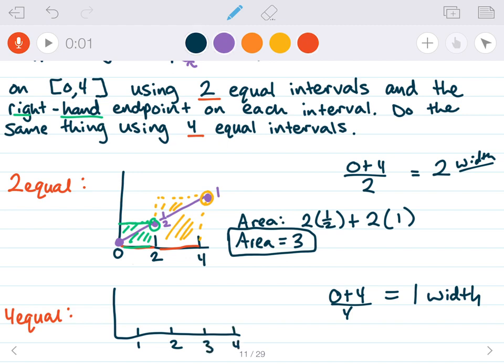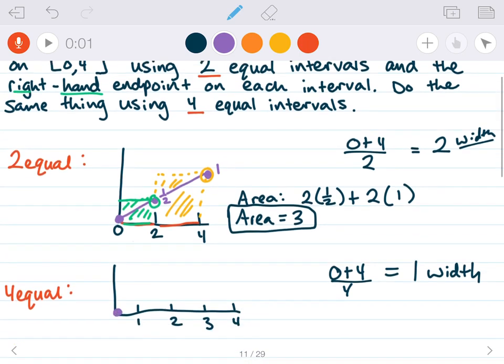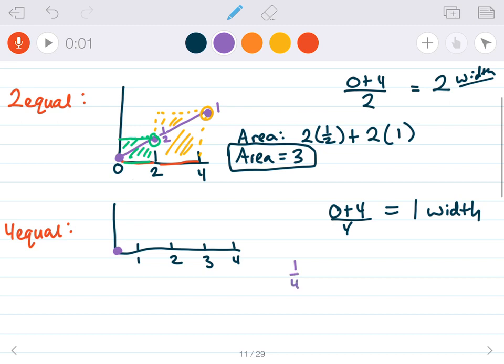When I plug 0 into 1/4 times x, I get 0. When I plug in 1, I get a fourth. When I plug in 2, I get a half. When I plug in 3, I get 3/4. And for 4, I get 1.